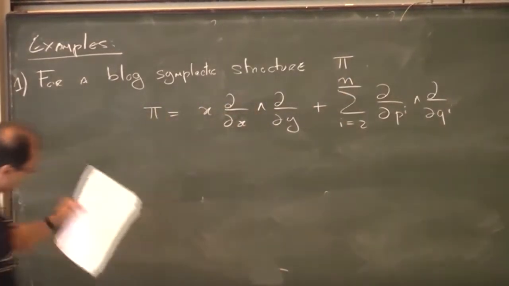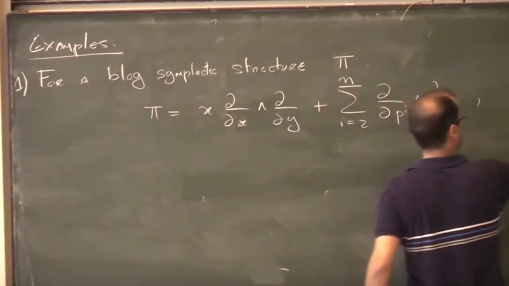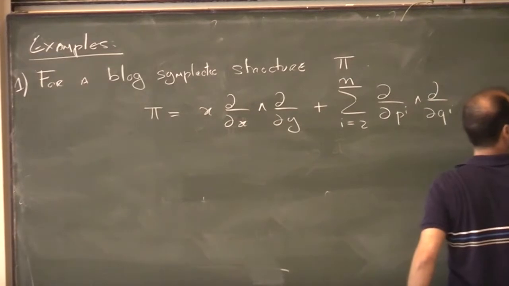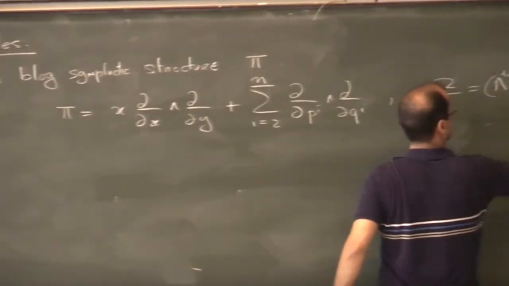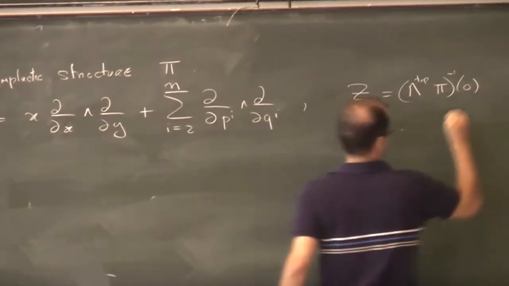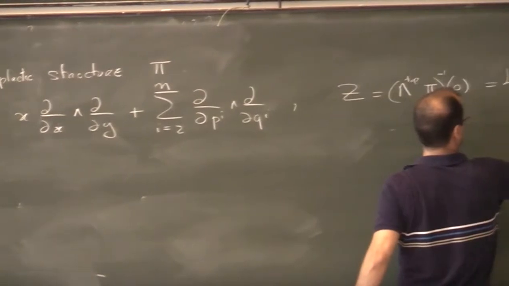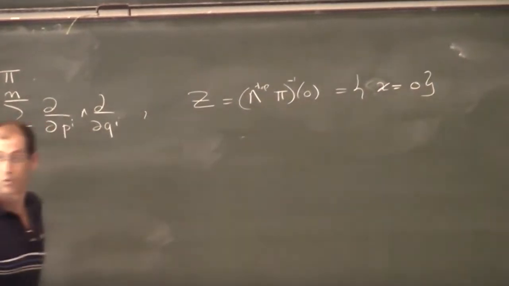Right? So what is going on here? Well, I think I didn't mention, but the Z, the inverse image of the zero section, in these local coordinates is written as the set x equals 0. So what do we have here?